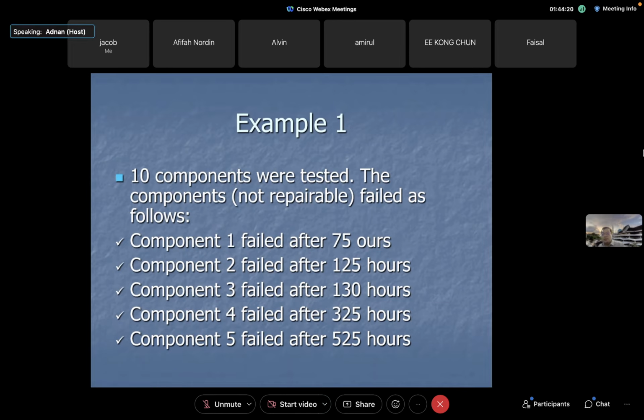You want to test how long these bulbs can last, so you put them on test and measure how long until they fail. Component 1 fails after 75 hours, component 2 fails after 125, component 3 fails at 130, component 4 fails at 325, and component 5 fails at 325.